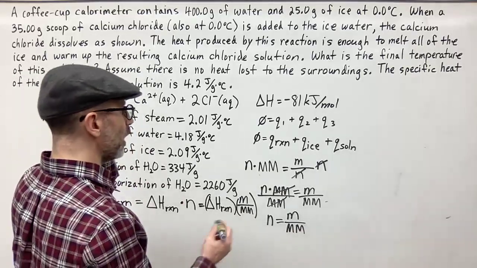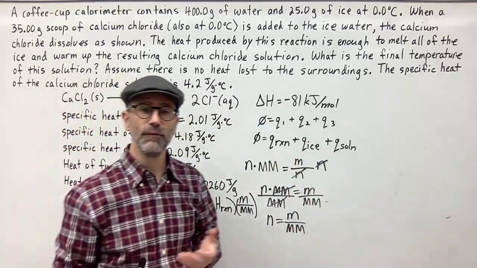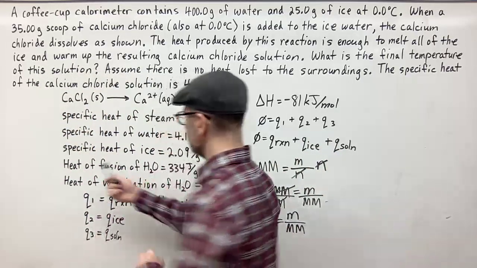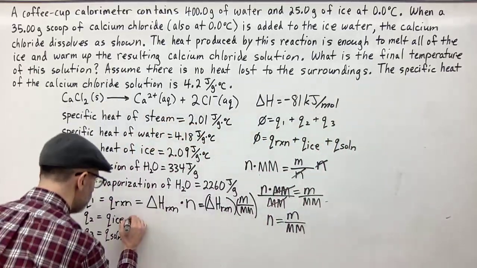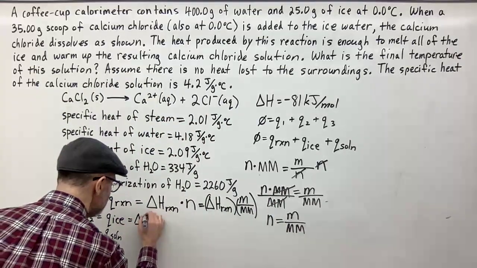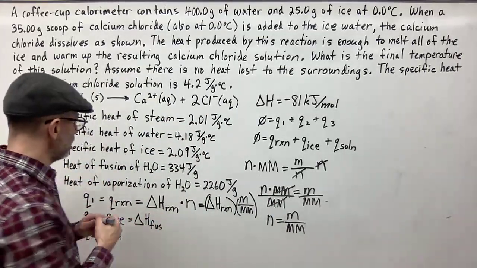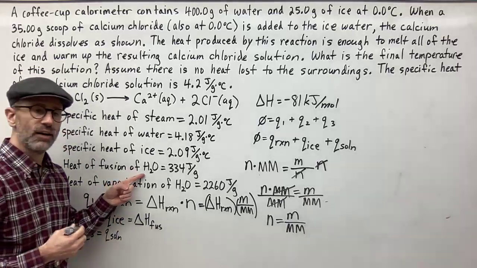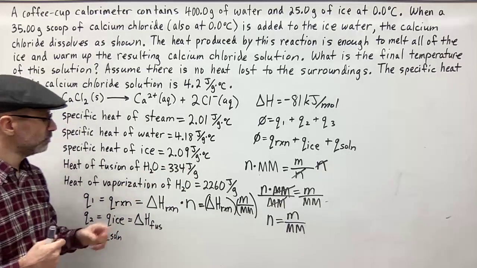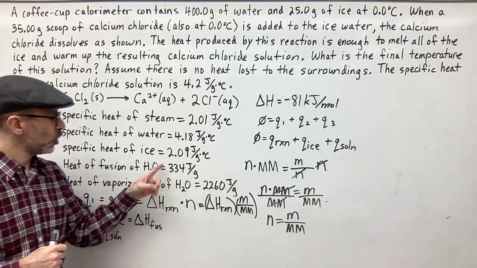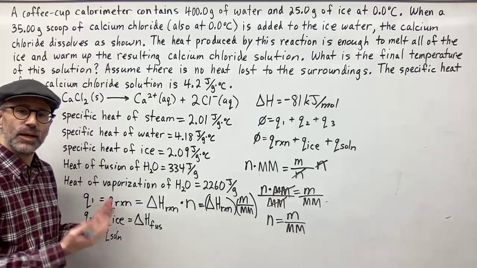Okay, what about the Q of the ice? Well, there I'm going to need the heat of fusion of ice. Here they give me the heat of fusion of ice. So there it's going to be delta H fusion. But notice here the units of the heat of fusion. It's joules per gram. So remember, again, Q is the heat absorbed by the ice.